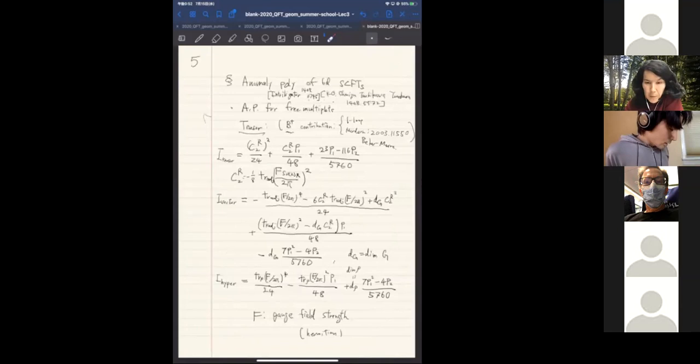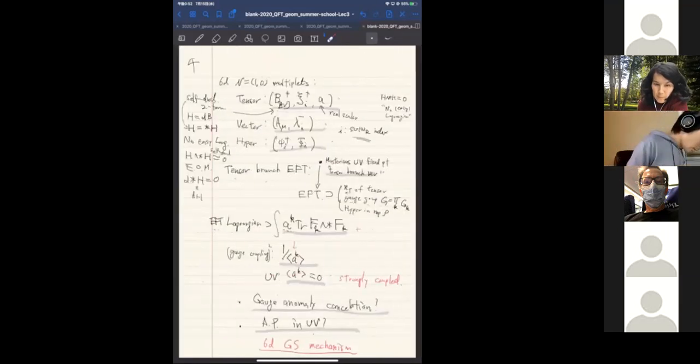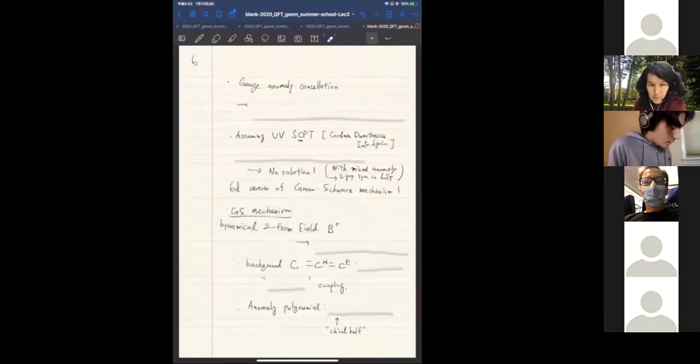So what we do is assume some spectrum of the EFT: some number of tensors, some gauge groups, and the representations. Then we substitute here and we get the naive anomaly polynomial, and we want to cancel the gauge anomaly.